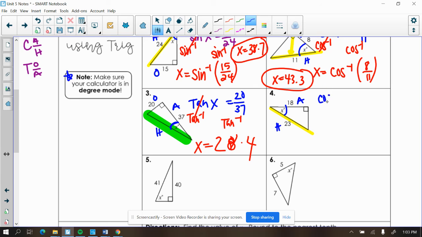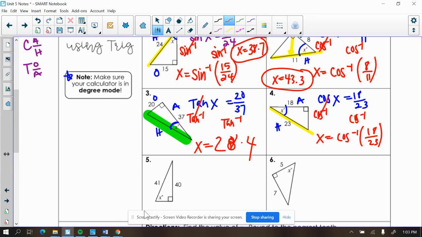So cosine of X equals 18 over 23. I then take the inverse function of these. My handwriting's getting sloppy now. Cosine^-1 of 18 over 23.